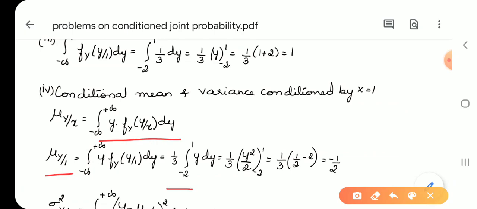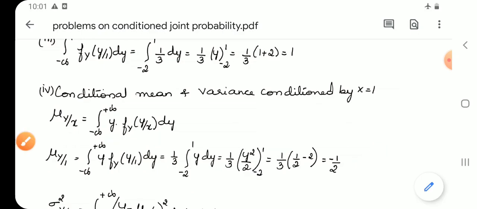The value of fy of y by 1 is 1 by 3, so 1 by 3 I have written outside. Y dy. Integral of y is y square by 2. Apply the limit. It will be 1 by 3 into half minus 2, which gives minus half.